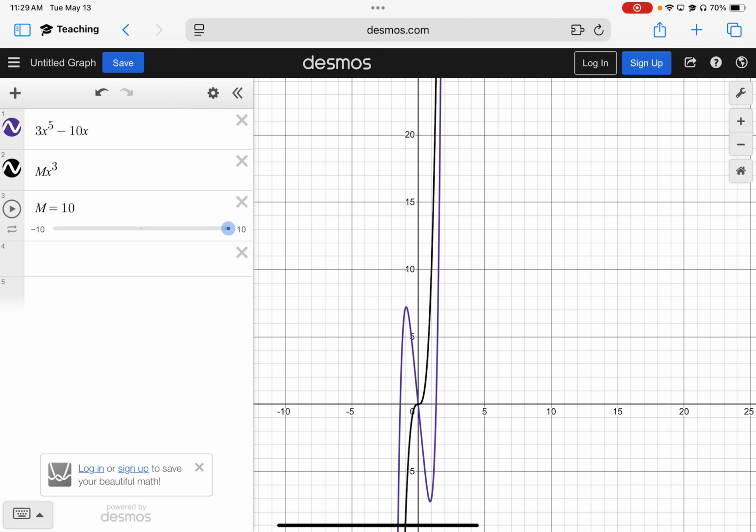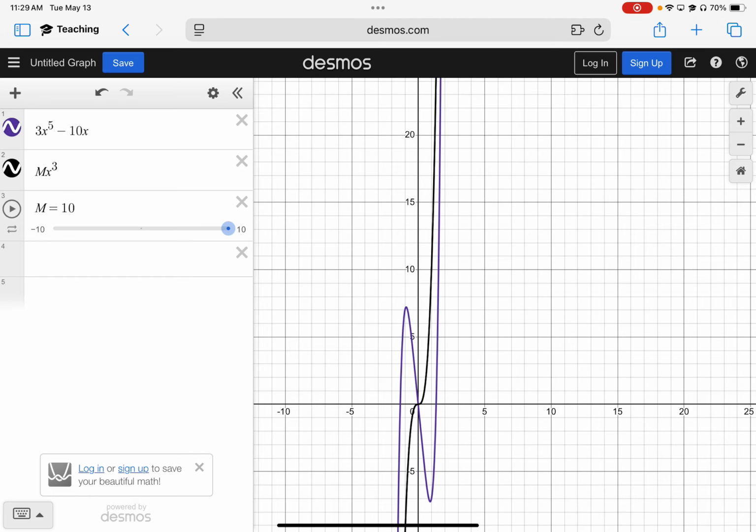So I set m to 10, a massive value, and it looks like our job is done. We've successfully shown that 3x to the 5 minus 10x is eventually less than mx cubed. We showed that it's in big O.